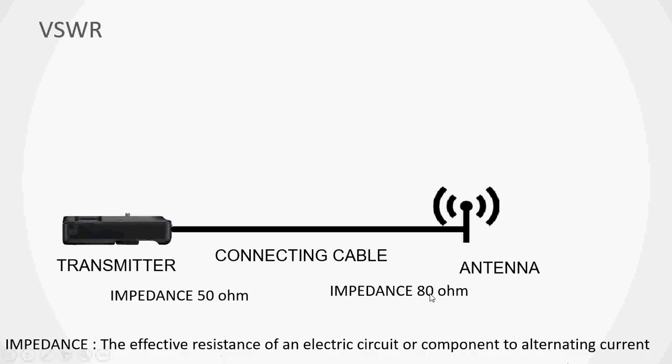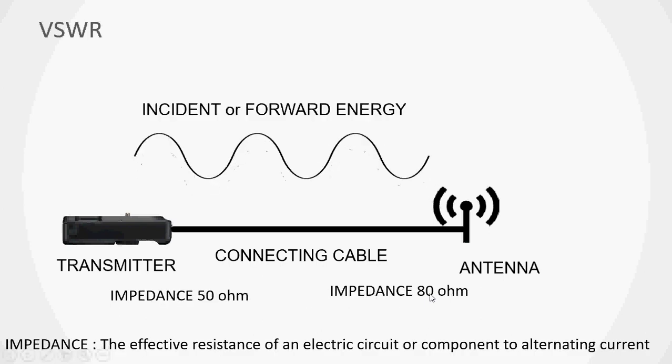So what happens? When the transmitter sends incident or forward energy to the antenna, because of this impedance mismatch, some energy gets reflected. Because of this reflected energy, it creates standing waves. These standing waves impact the performance of the WLAN.